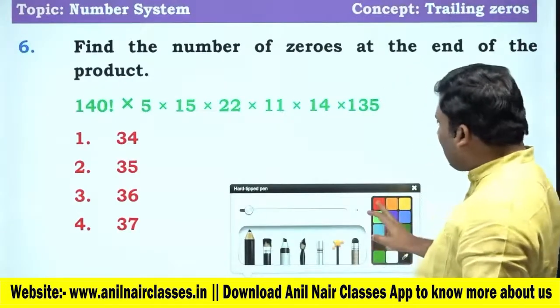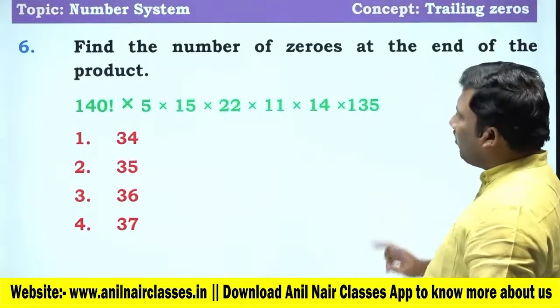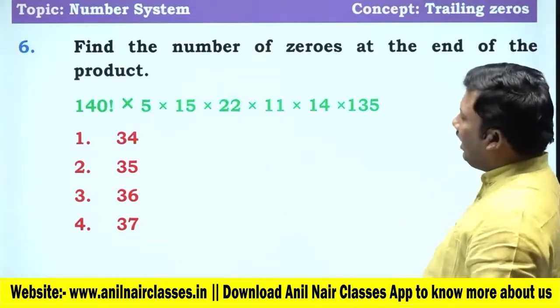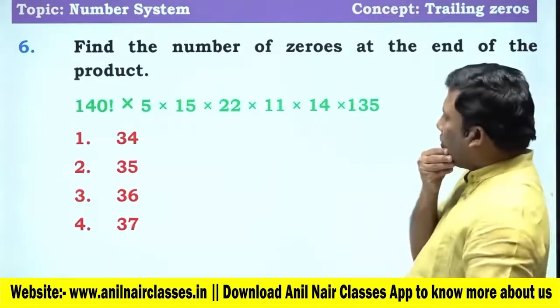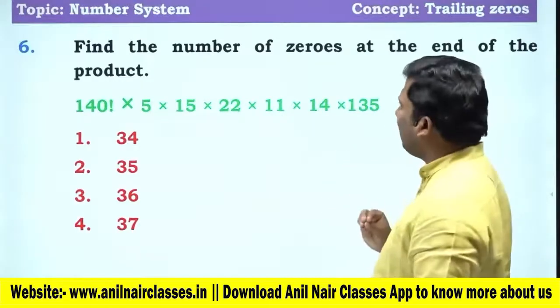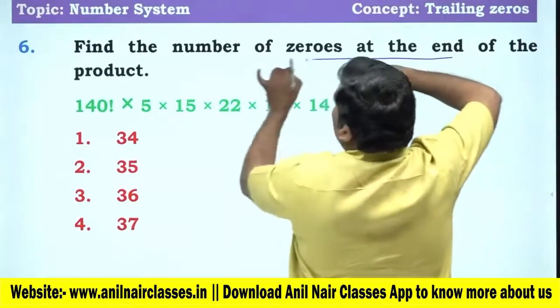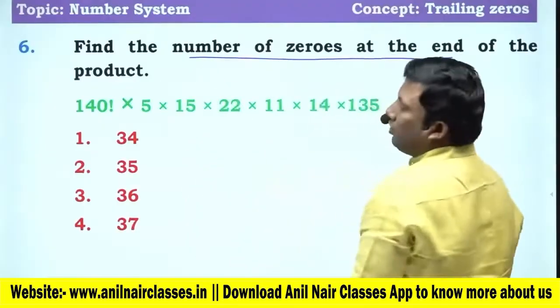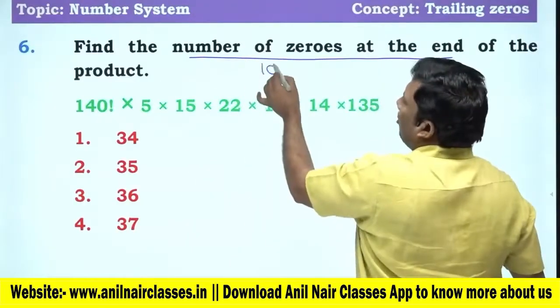These are all some calculation based questions where you might make a mistake. 140 factorial into 5 into 15 into 22 into 11 into 14 into 135. It is clearly mentioned: the number of zeros at the end.